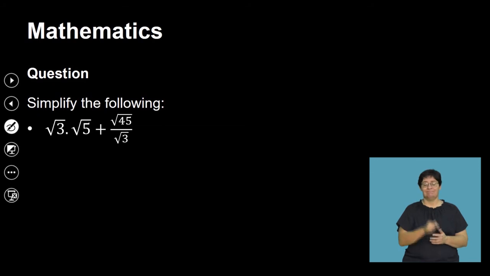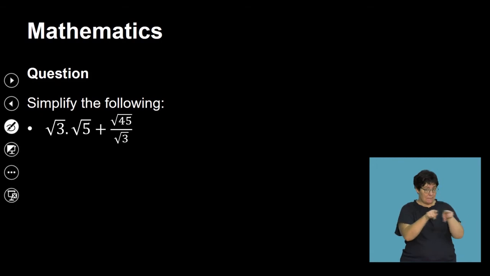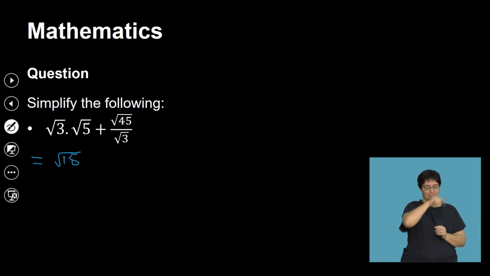Firstly, here it says simplify the following. I have root of 3 times root of 5. The question you must ask yourself is, are my radicals the same? If your answer is yes, then you can multiply what is inside the radicals. If your answer is no, then look at some other method of solving this. But now, because they are the same, this will be the same as root of 15, right? Then plus, here I will have this as the same as root of 15 multiplied by root of 3.